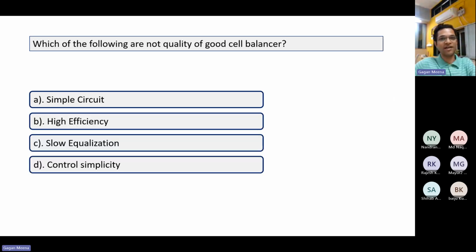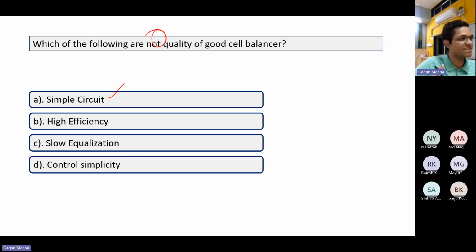Okay, which of the following are not quality of a good cell balancer? Not. D. D. We want everything always simple. If we want a simple circuit, then how can control be complex? Right? We want everything fast.